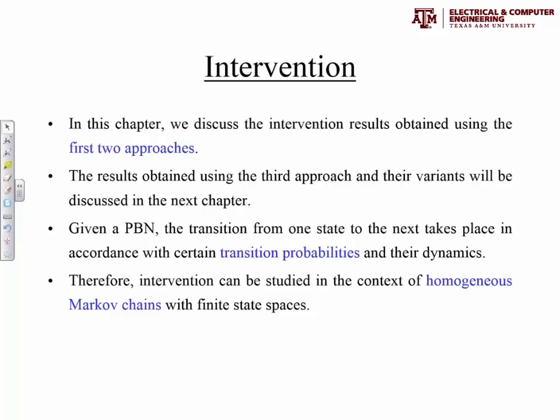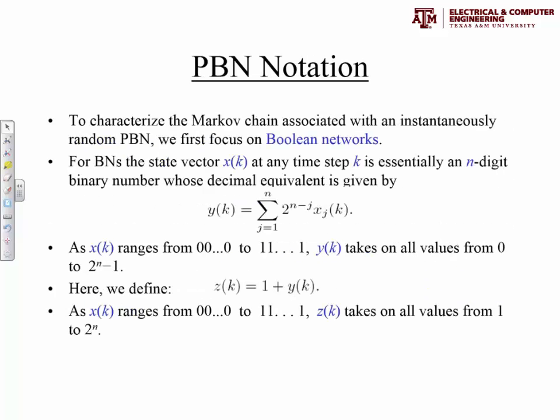But once you have these transition probabilities, it's a network that has a certain probability of transitioning from one state to the other. So it becomes basically a homogeneous Markov chain with a finite state space, and you can use all kinds of results that are available from 30, 40, 50 years ago. So let's see how the PBN could be put in the form of a Markov chain.